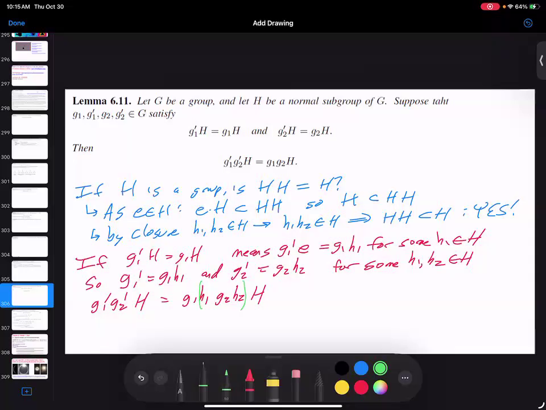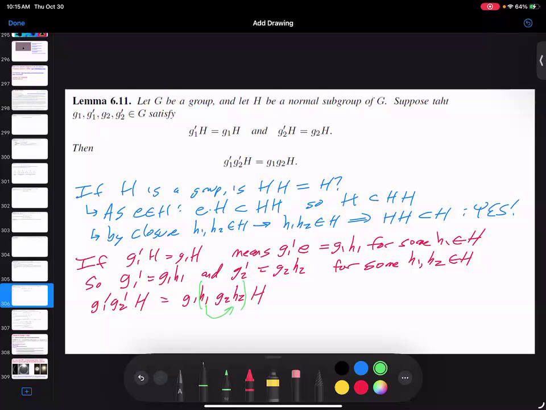We'd love to move this h1 to the right of g2. And then we would have the two g's together, and then we'd have a product of h's, and then that would just be some rewriting of the subgroup H.